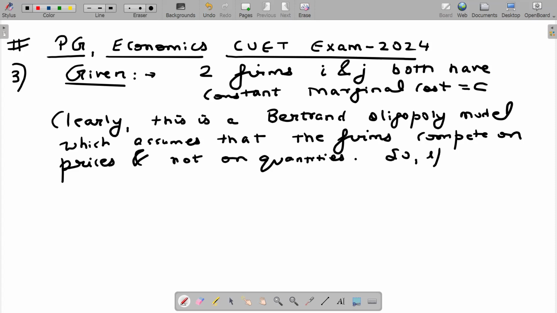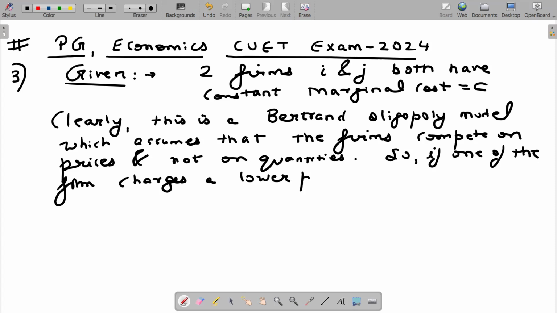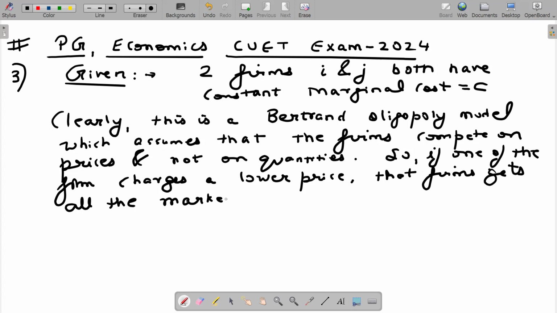So if one of the firms charges a lower price, that firm gets all the market demand.